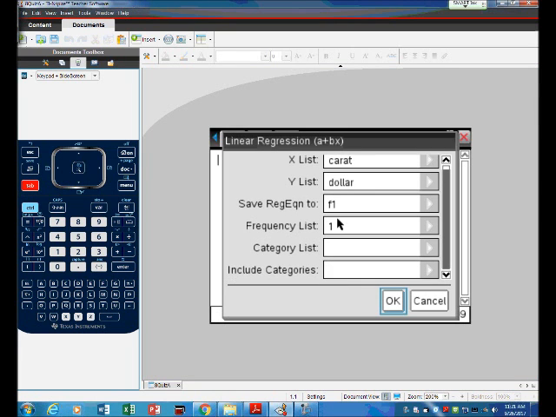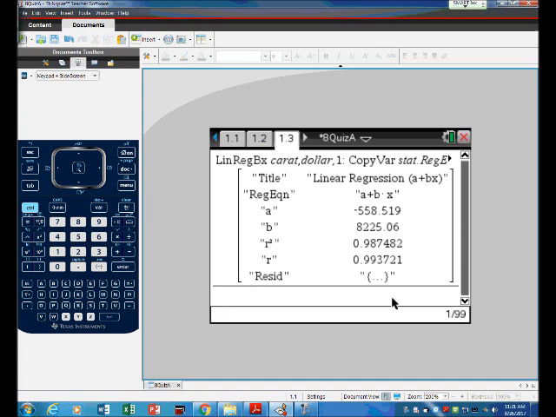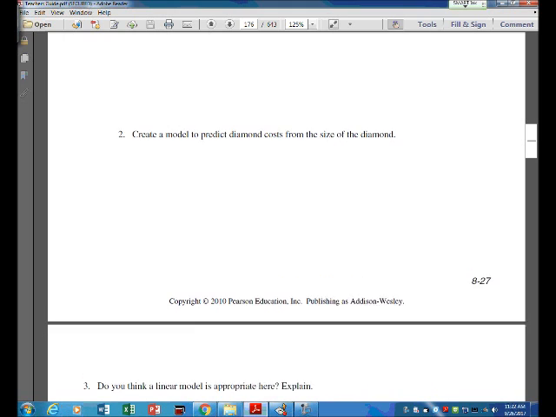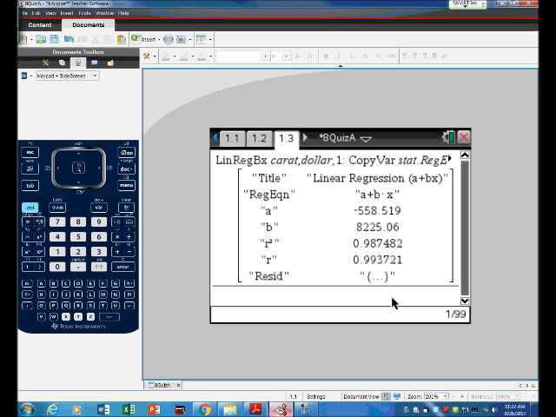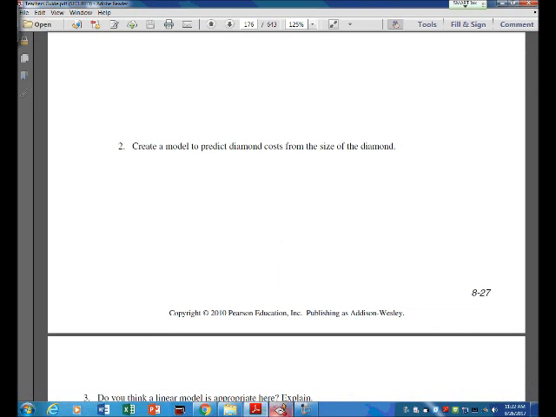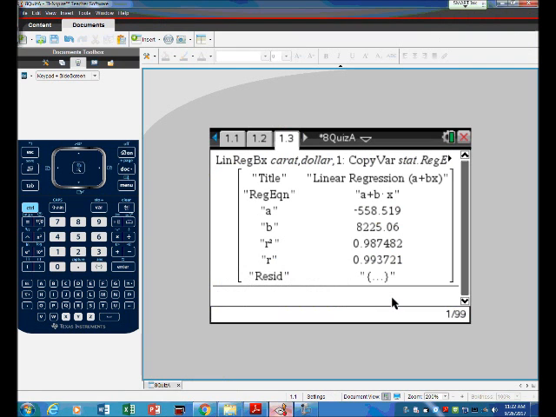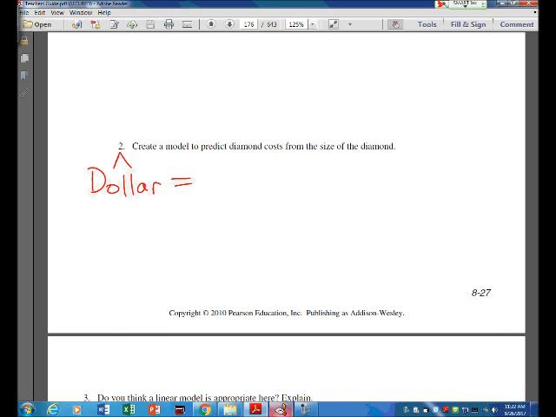So I'm going to tab down, hit OK. All right, so here is where I want to write my answer for number 2, for creating a model. So I have my Y value, which is the price or dollar amount, and because this is my Y value or response, it's going to be predicted, so it has the hat, equals the Y-intercept, which is negative 558.519.